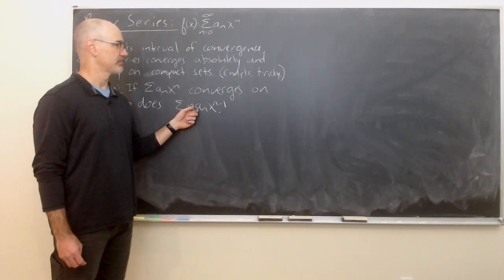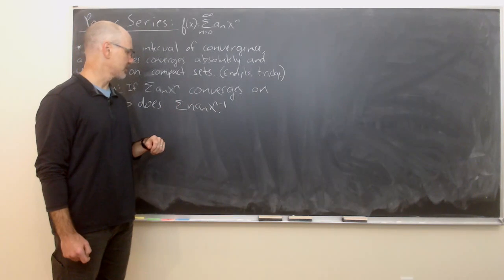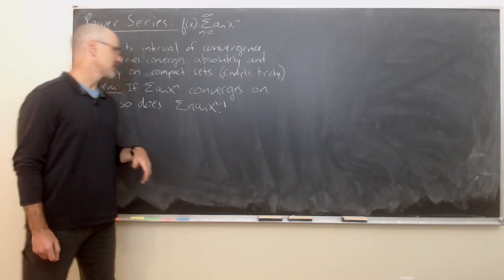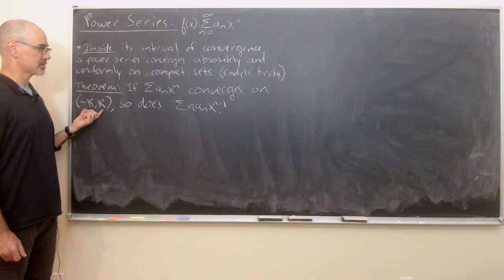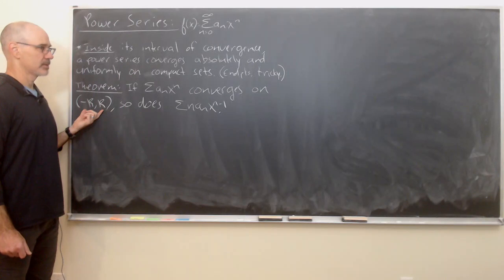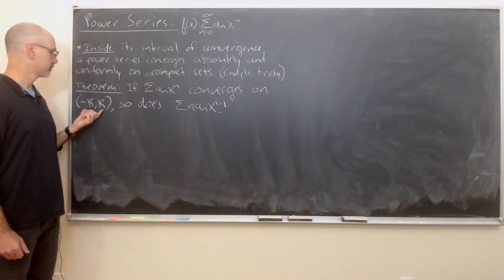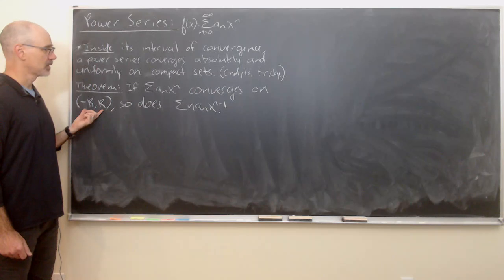So that throws a little bit of a wrinkle into things. But as I mentioned before, we're just going to ignore what's happening potentially at the endpoints and focus on this doubly open interval minus R to R.